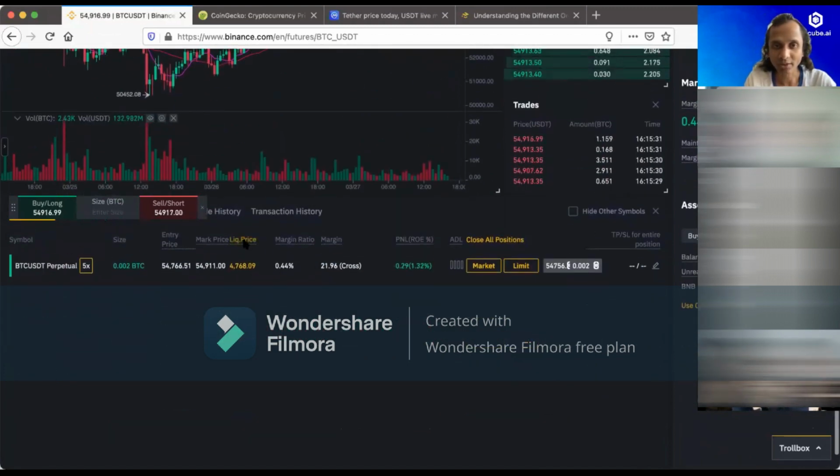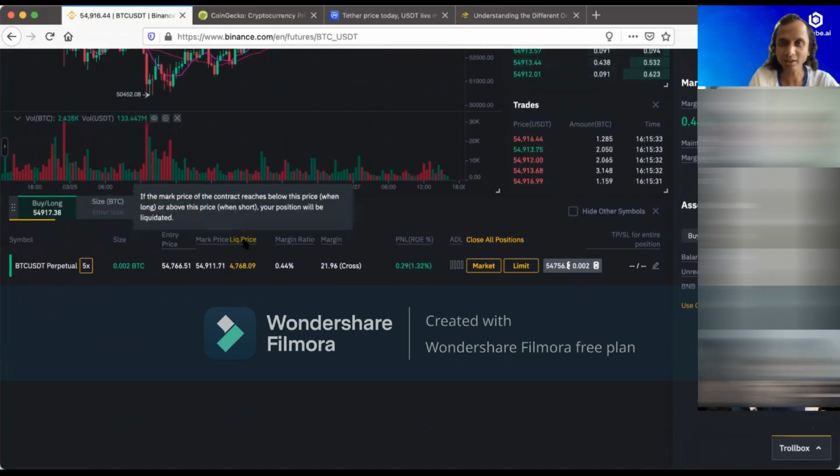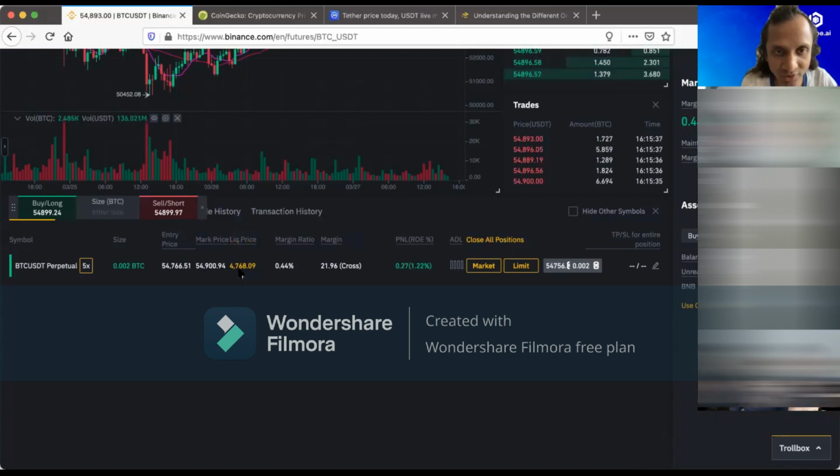And there is the liquidation price, which means until BTC comes to this point of 4,768, you are safe. Nothing gets liquidated. But if Bitcoin drops to this level, we are all liquidated, right? That's true. The market is gone if it comes to 4,700, and I really hope it will not.